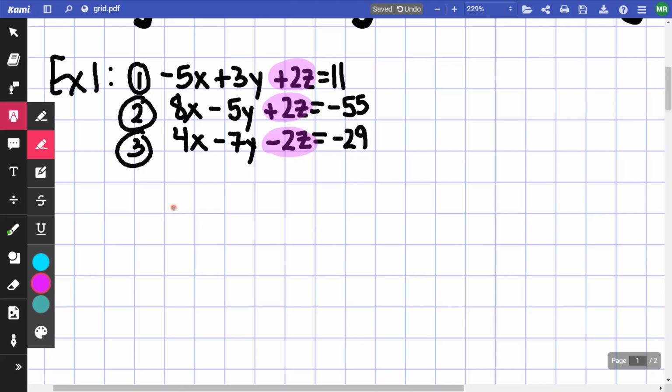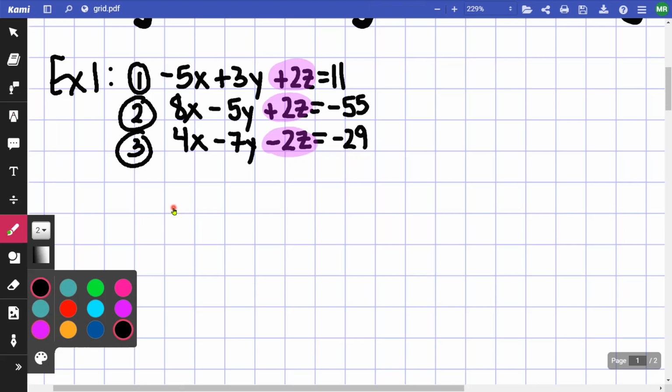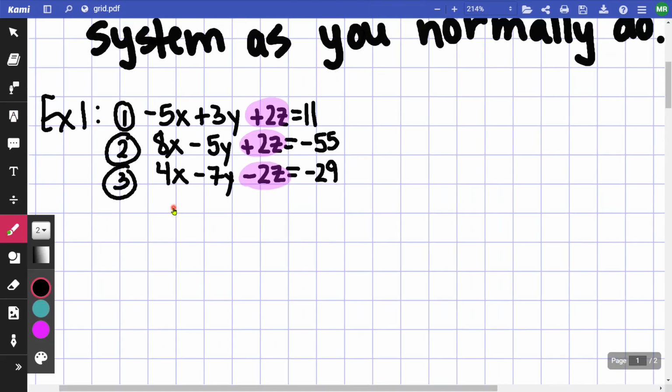Now, we're going to use 2 of the equations at a time to eliminate my z. And then I'm going to use the third equation with one of the other two to eliminate the z in that. So I think I'm going to take equation 1 and equation 3.